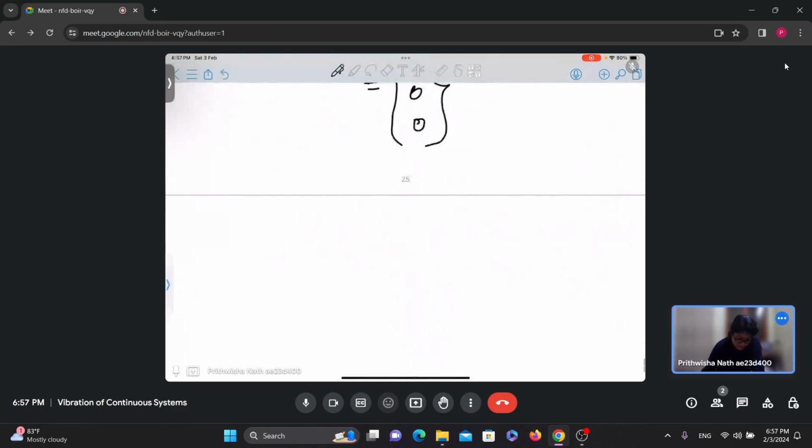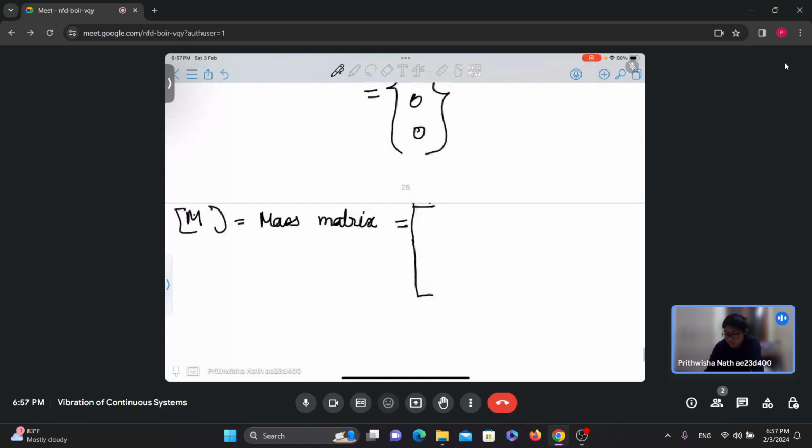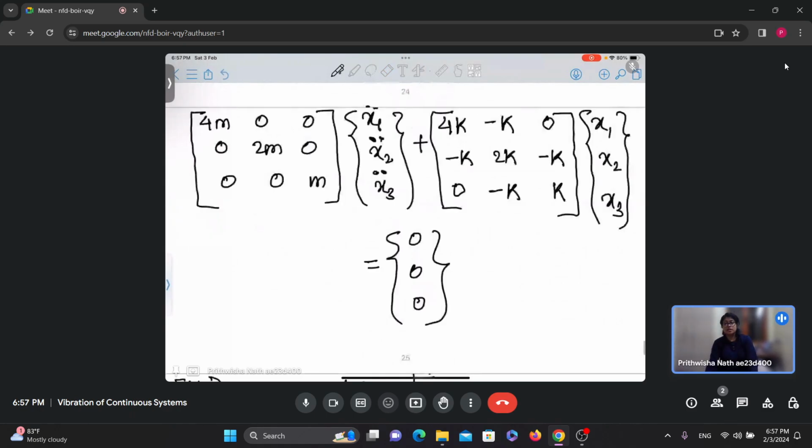So the mass matrix is, what is the mass matrix? We have written down 4m 0 0, 0 2m 0, 0 0 m.